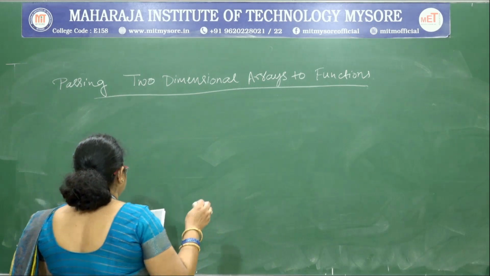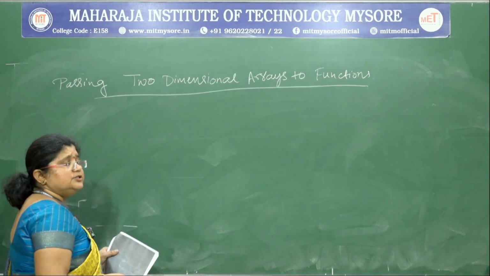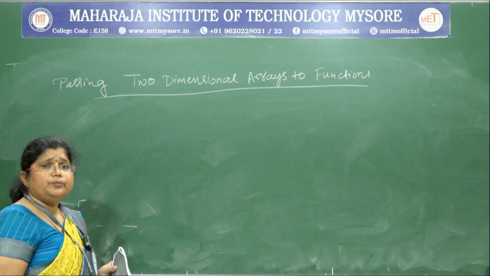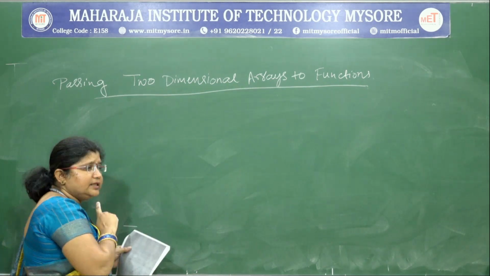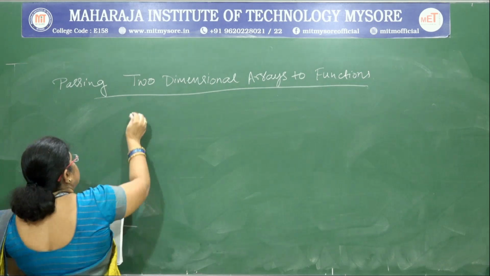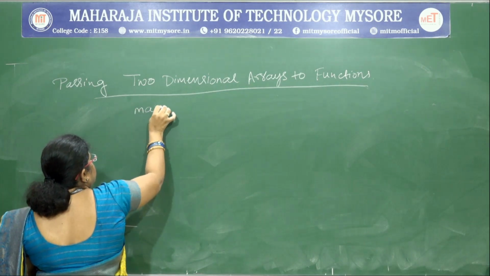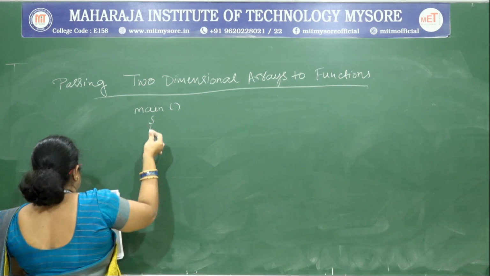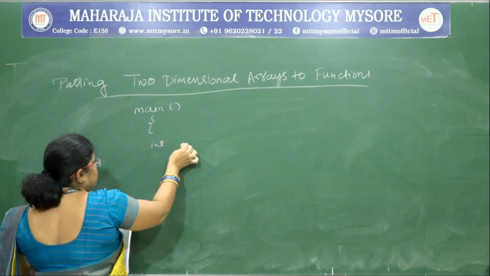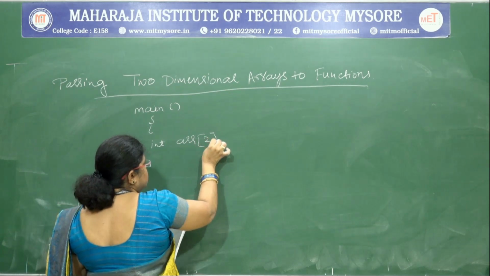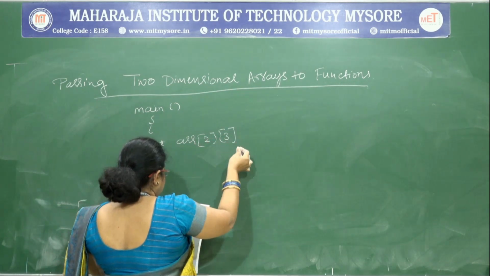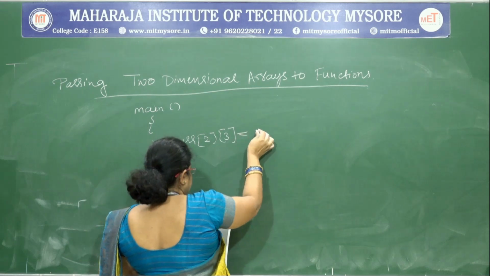This example shows how we are going to pass only the row values of a two-dimensional array. Here is the main function, main. int, there is an array with 2 rows and 3 columns, and an initialization takes place.